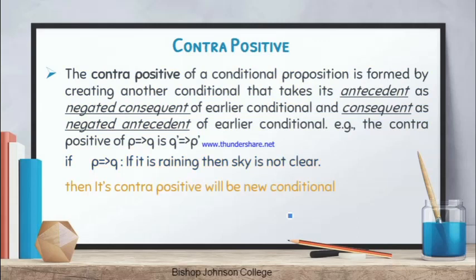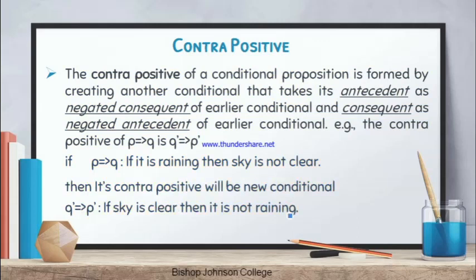Next is contrapositive. The contrapositive of a conditional proposition is formed by creating another conditional that takes its antecedent as the negated consequent. The antecedent now becomes the negated consequent, and the consequent becomes the negated antecedent.